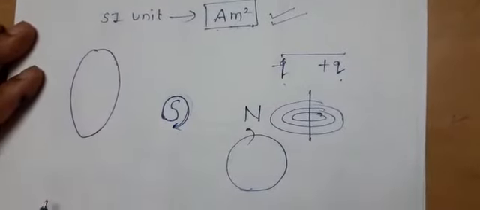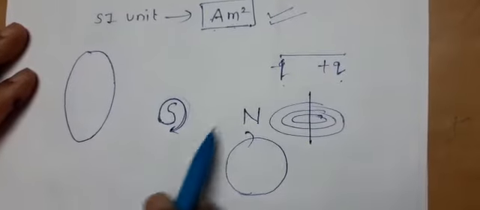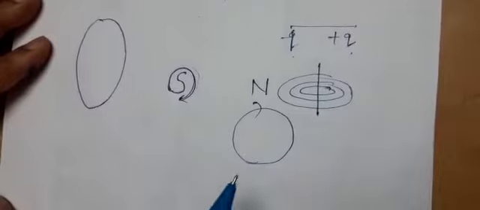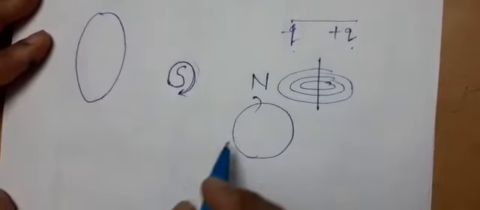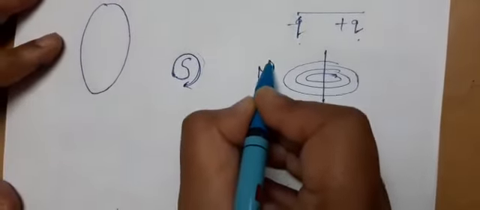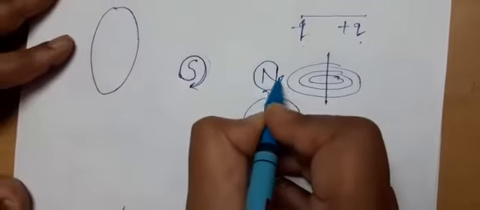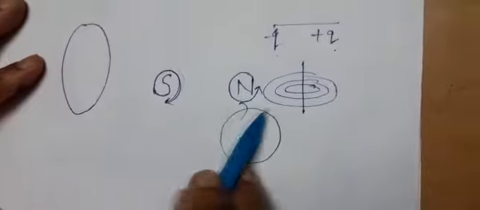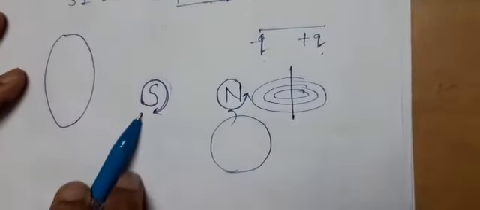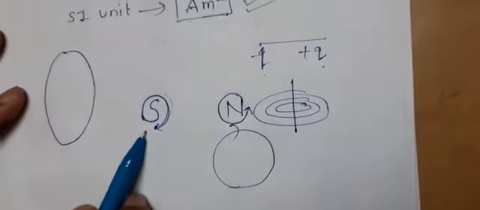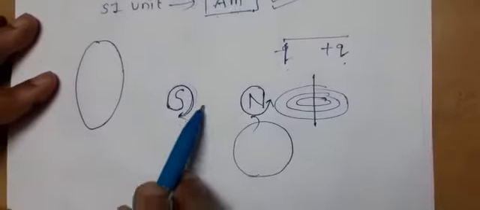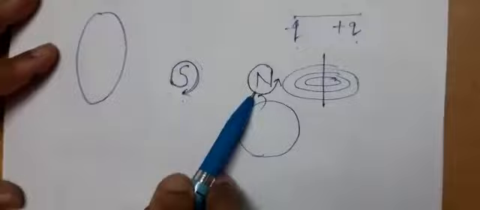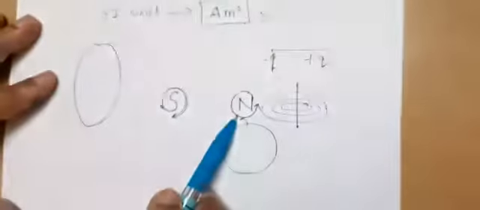It means that face of the loop where the current is in clockwise direction will automatically have south polarity, and the opposite face, where the anti-clockwise direction is there, will develop north polarity. These are interrelated. When there is a south pole, the current will be clockwise, and when clockwise current is there, there will be a south pole, and vice versa for the north pole and anti-clockwise current.